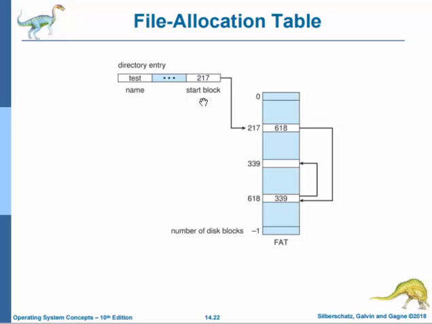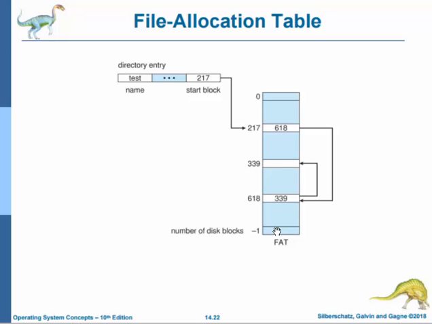Okay, and the table entry indexed by the block number contains the block number of the next block in the file, and this chain continues until it reaches the last block, which has a special end of file value as the table entry.